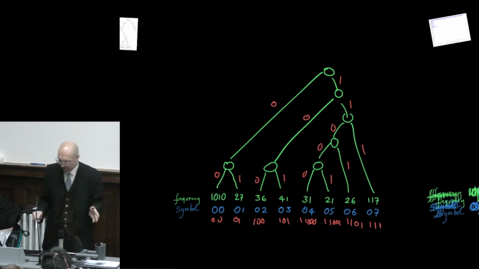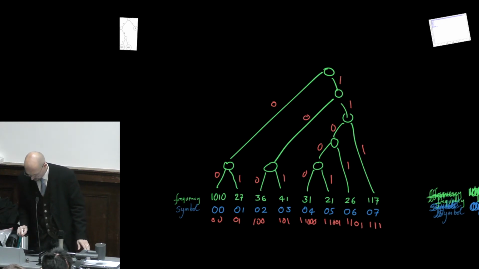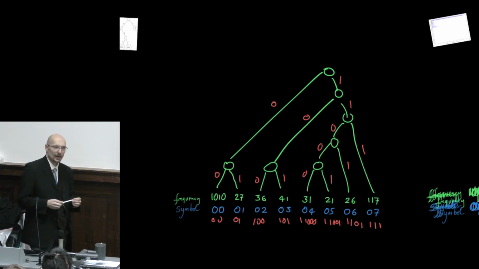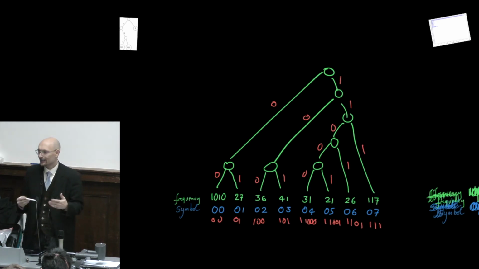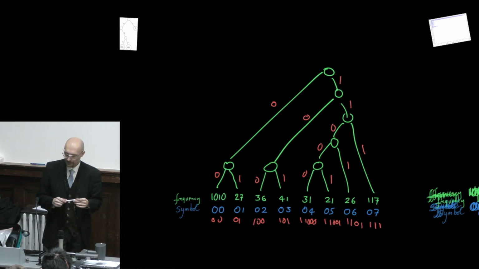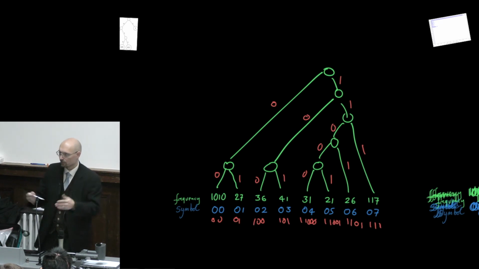But if I have a variable length code like this one, some symbols are encoded with 2 bits, some symbols with 3 bits, some symbols with 5 bits, some symbols with 4 bits. On average, what's the average length? Well, it's not the sum of these things divided by 8. It's the sum of this weighed by their frequencies, which should all be divided by the sum of the frequencies, so it adapts to 1.